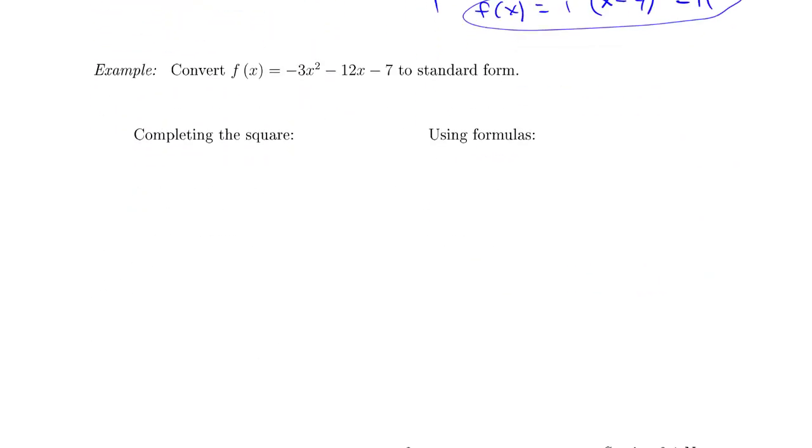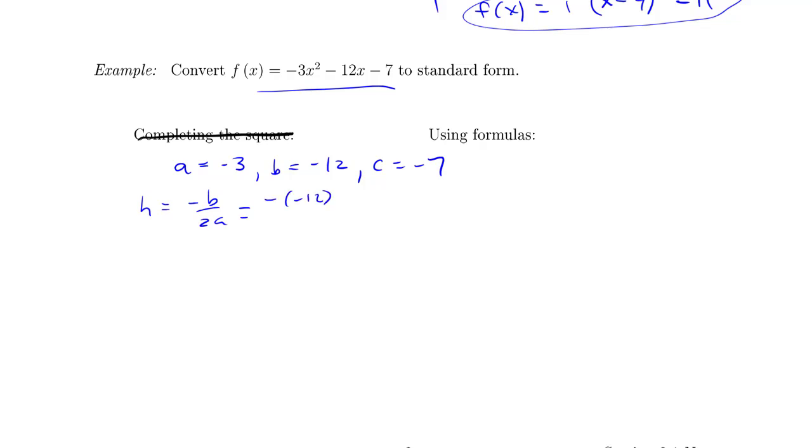All right, let's try another example. So like I said, here I'm actually just going to do this formula way, because I think that's the way that most of you are going to choose to do it. So I see here from my original that a is negative 3, b is negative 12, and c is negative 7. And with those values, again, we can just go and do h is negative b over 2a.